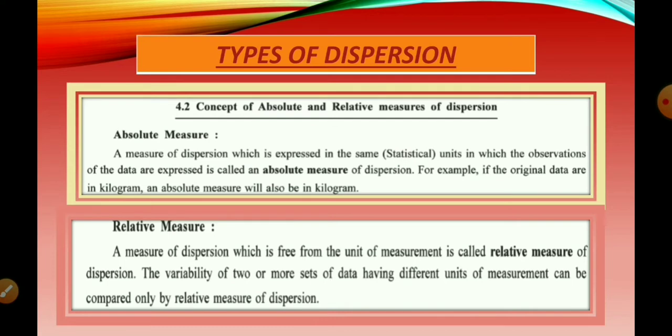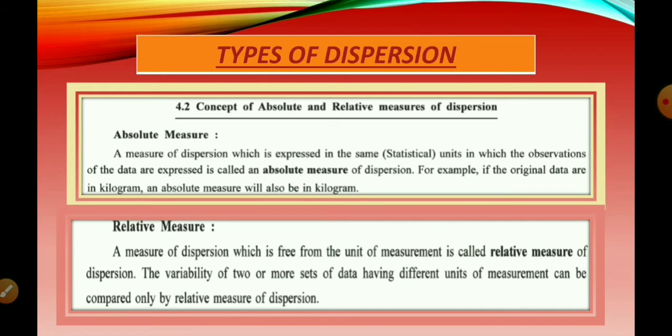There are basically two types of measures of dispersion: absolute measure and relative measure. Now what do you mean by absolute measure? When the dispersion is expressed in the same statistical unit. That means if it is kilogram, then dispersion is to be expressed in kg only.